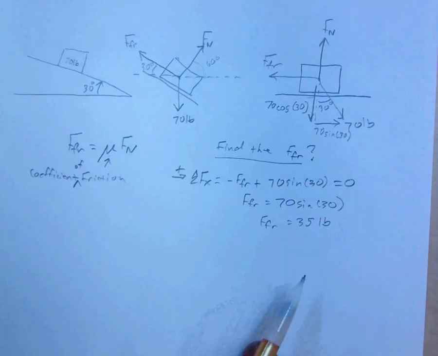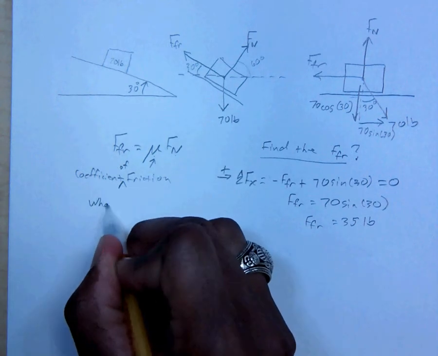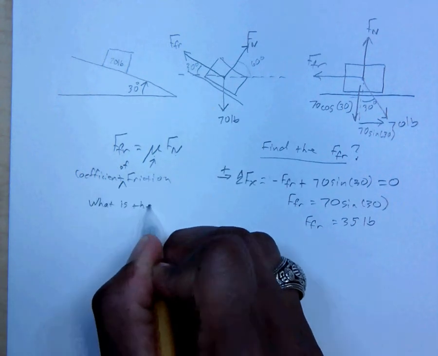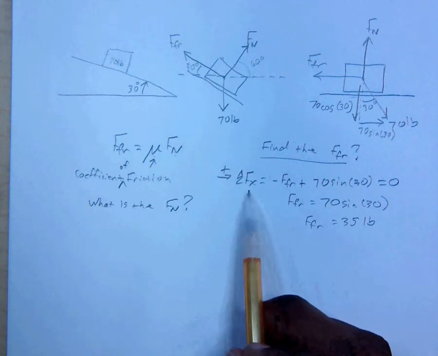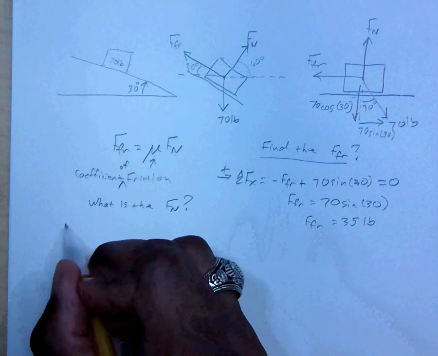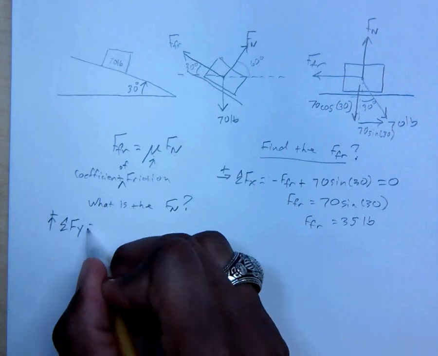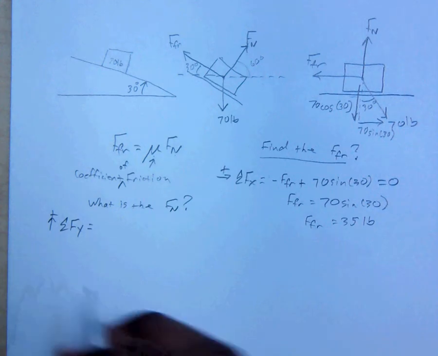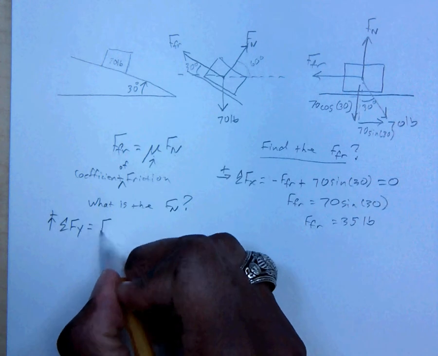Now, what if I also want to find the normal force? Okay. Well, I do the same thing, except I'm going to sum the forces in the y direction. So the sum of the forces in the y direction, with up being positive, is going to equal 0. What are our forces in the y direction? Well, I have my normal force, that's Fn.